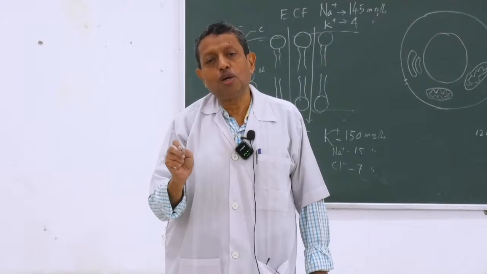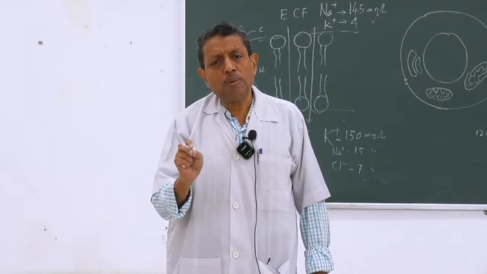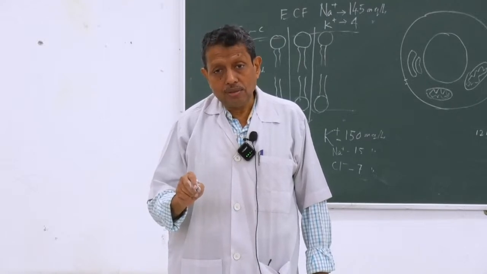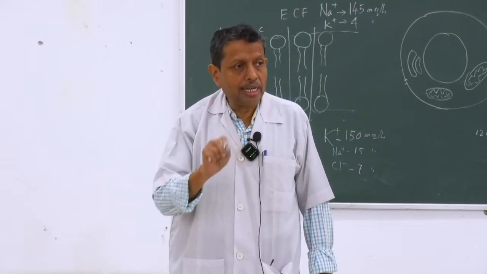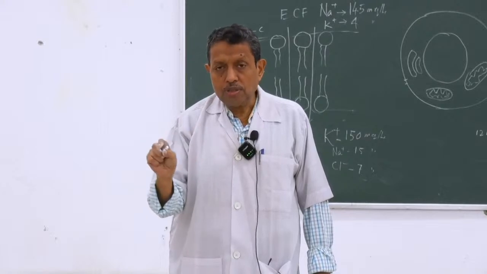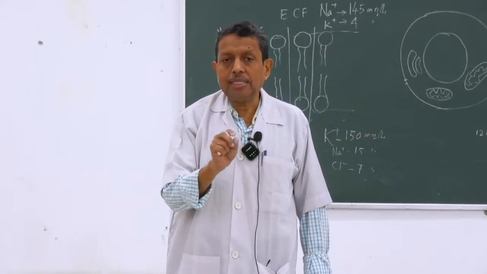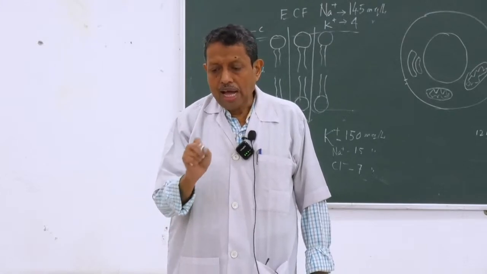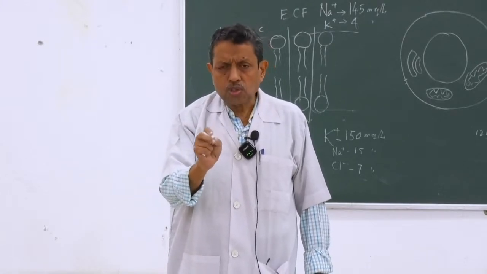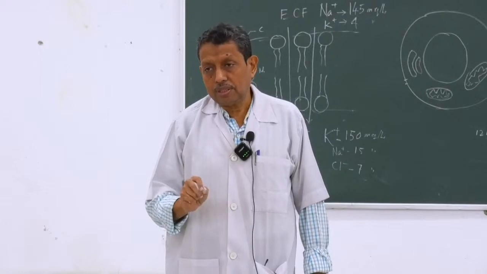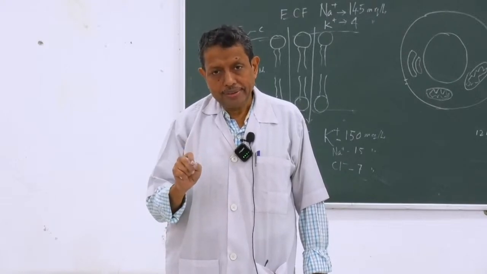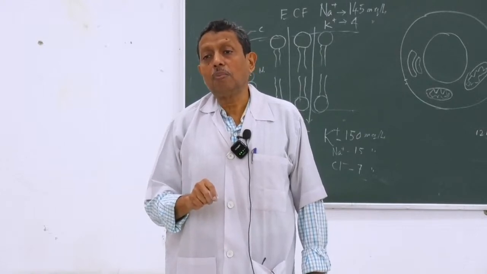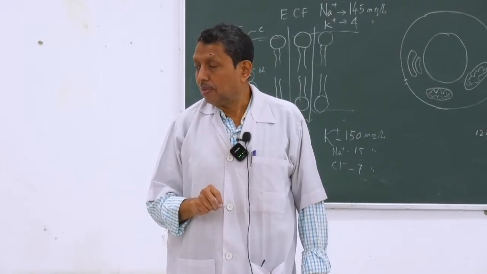In response to this entry of calcium, by a relatively complicated way, there is exocytosis of acetylcholine-containing granules, and acetylcholine enters the space between the membrane of the nerve and the muscle, the neuromuscular junction. It then diffuses close to the nicotinic receptors, where it can bind, and then this channel opens. It is a typical example of ligand-gated channels.